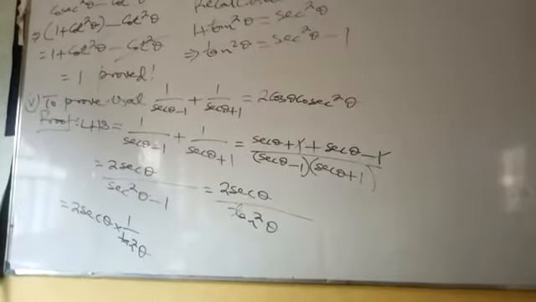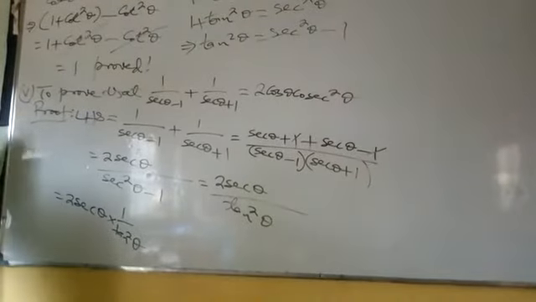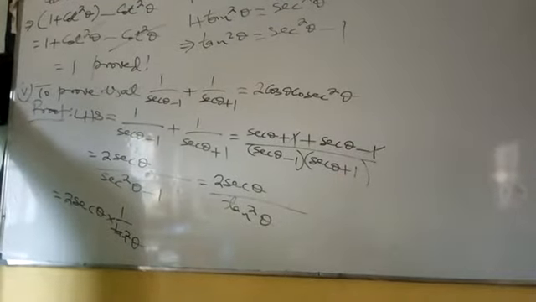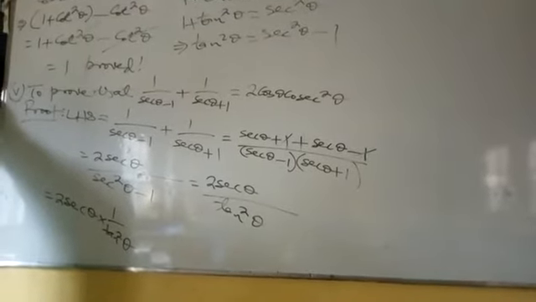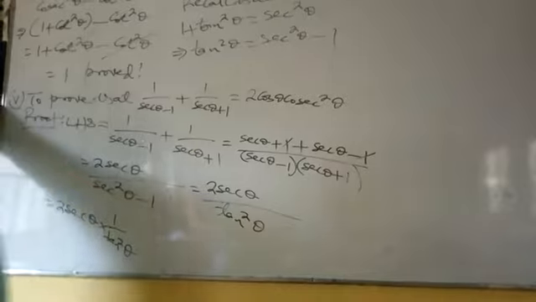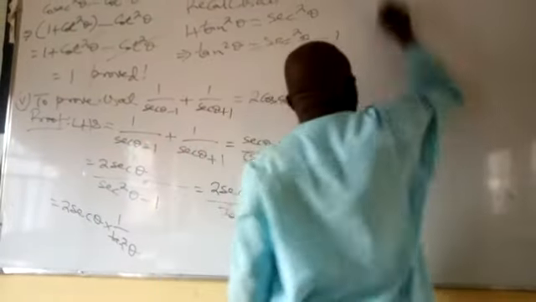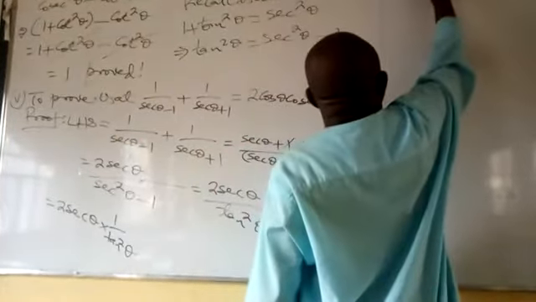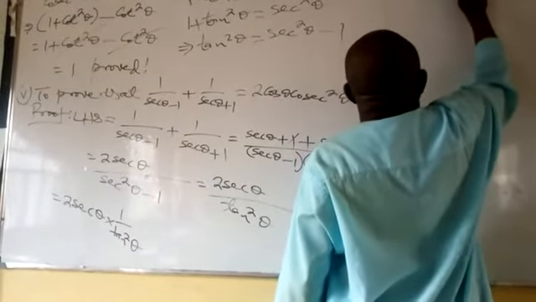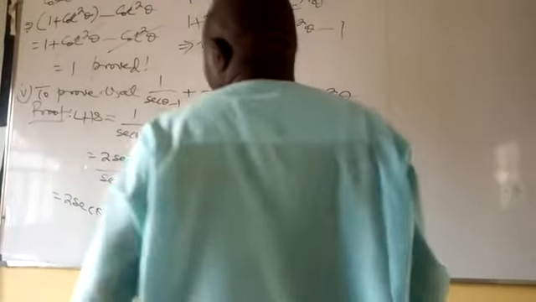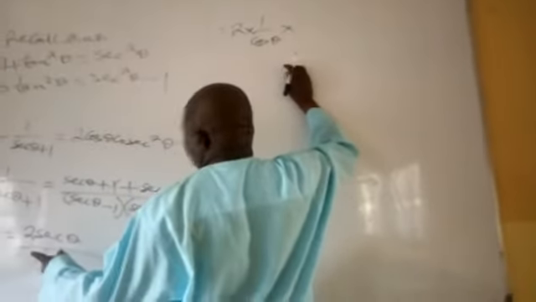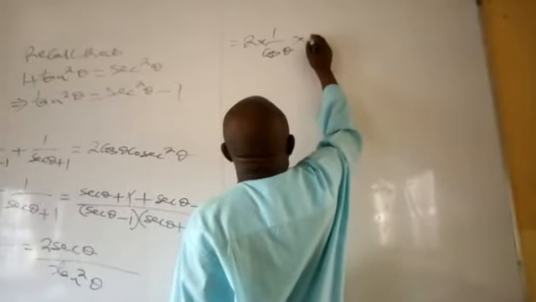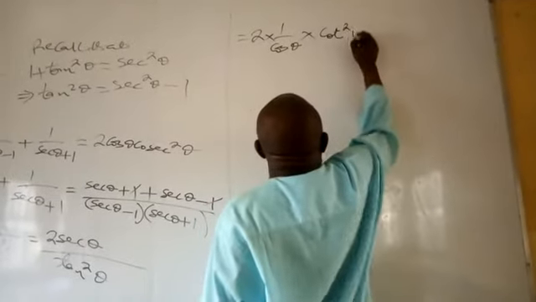This is the same thing as 2 times 1 over cos theta times 1 over tan square theta, which is cos square theta over sin square theta.